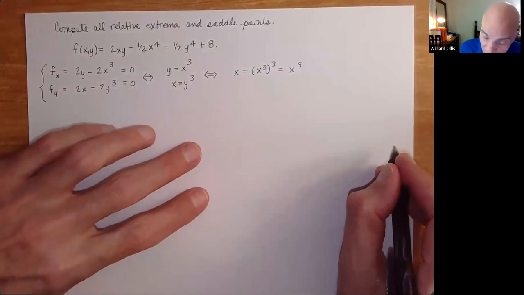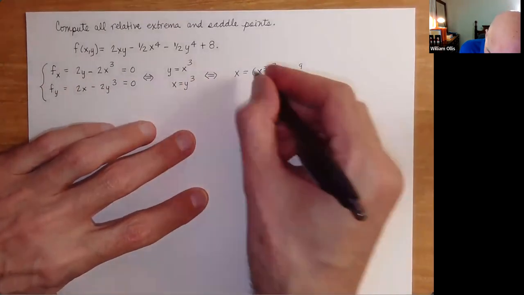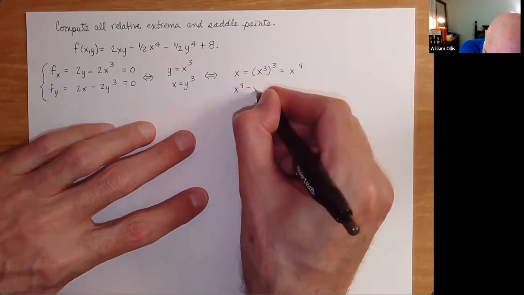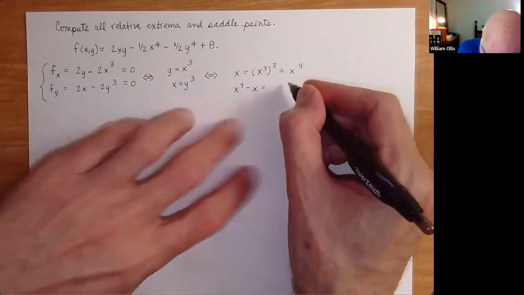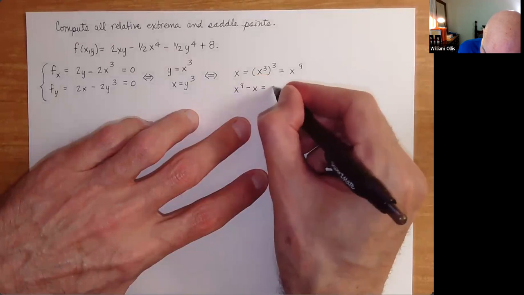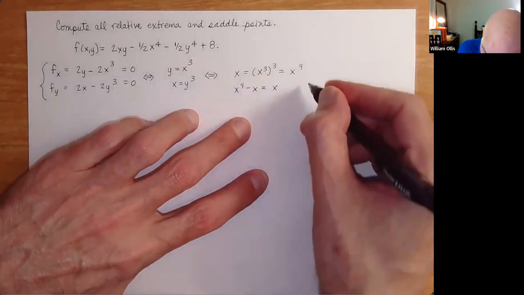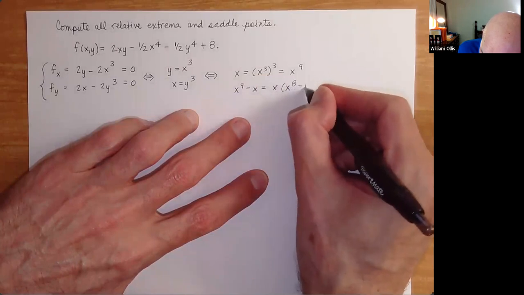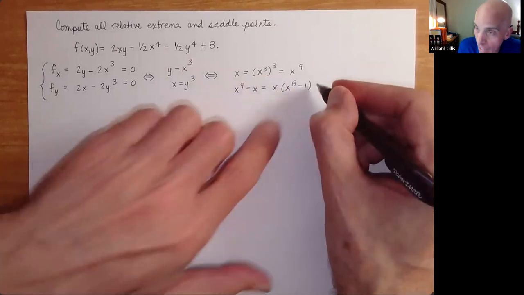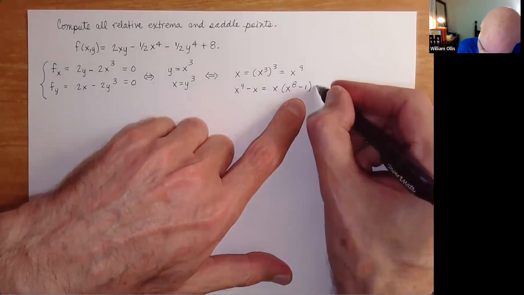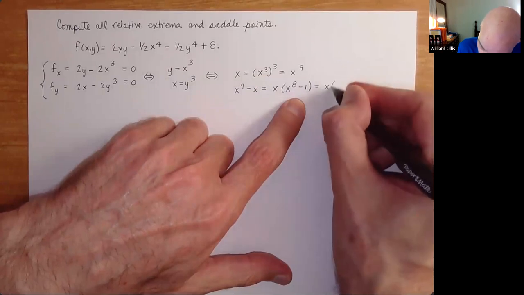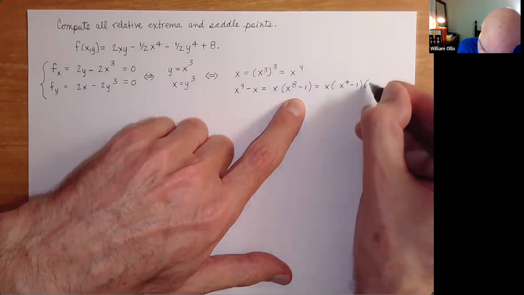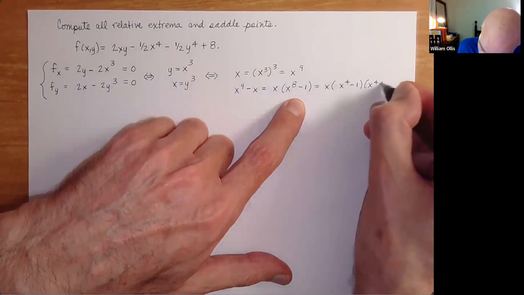Now, at this point, what we can do is just transpose and factor. So we have x to the 9th minus x, and just move through with a series of factoring to look for real solutions. So we have x times x to the 8th minus 1. And then, of course, we have a difference of two squares. So this gives us x times x to the 4th minus 1 times x to the 4th plus 1.